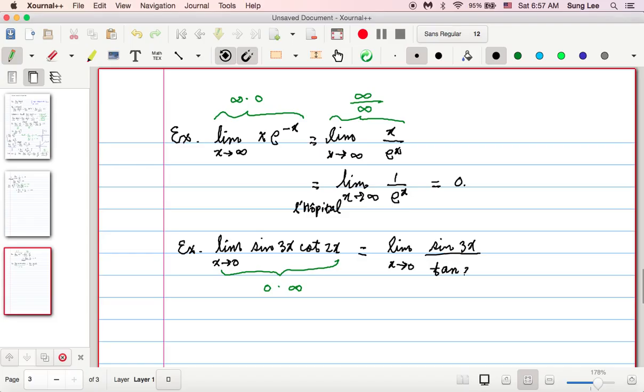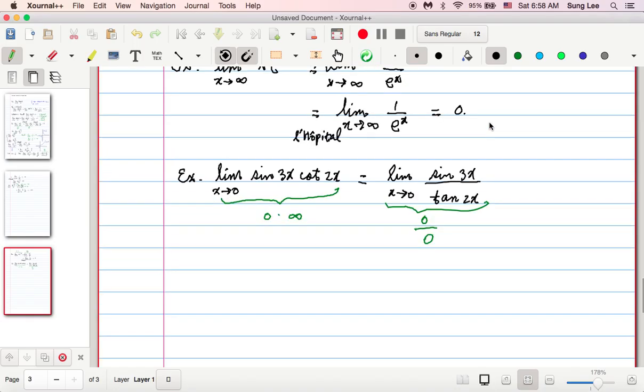Okay, now what? This is a 0 over 0 type indeterminate form, where you can apply L'Hopital's rule, right? So by L'Hopital, this is the same as the limit as x goes to 0.